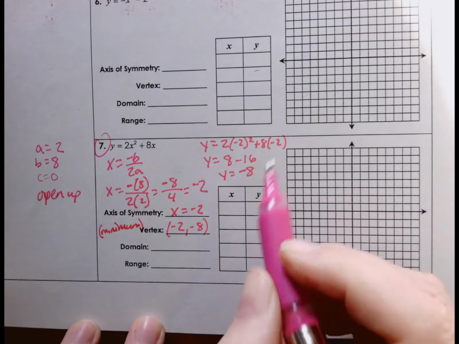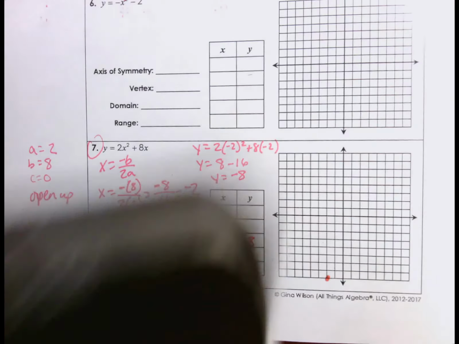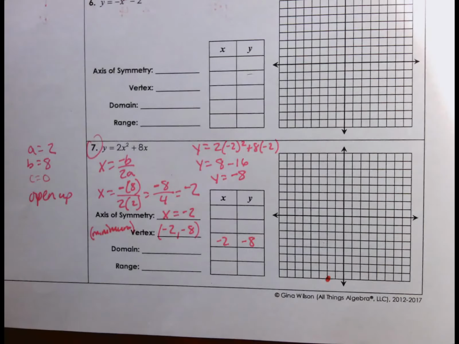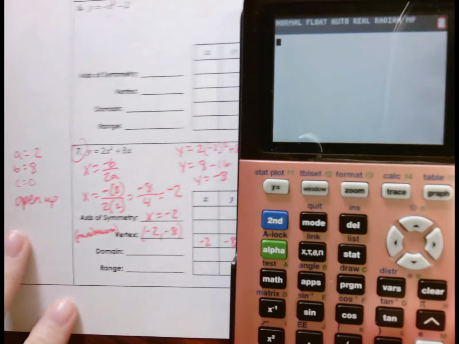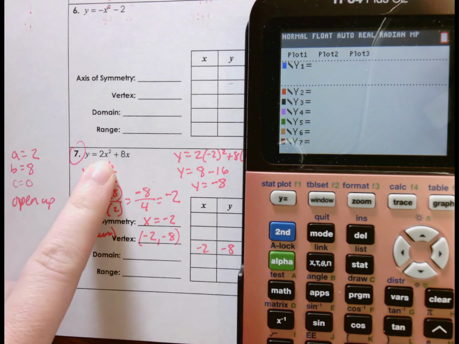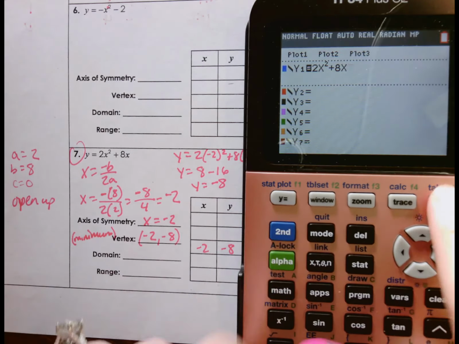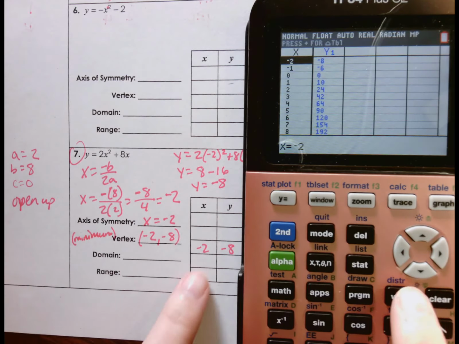Now I'm going to plug that into my table, and with my calculator, I'm going to plug in this information. Here's my calculator. I'm going to go to y equals, clear out what I already had there, and plug in 2x squared plus 8x. And instead of hitting graph, remember I'm going to hit table, and look at these values.